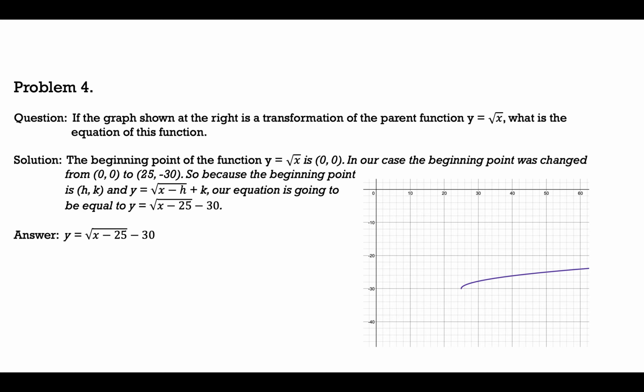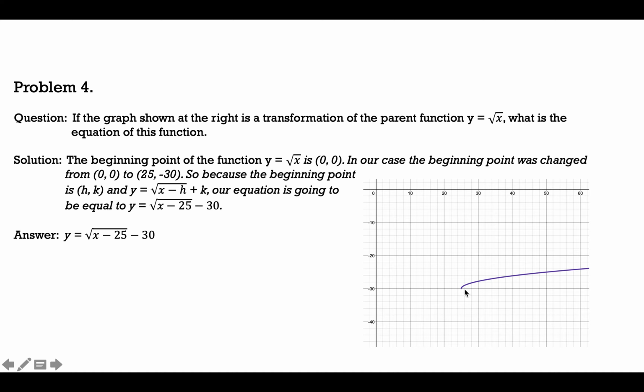The beginning point of the function y equals square root x is 0, 0. This is the parent function. But in our case, the beginning point was changed from 0, 0 to, as you can see, the x value is 25 and the y value is negative 30.